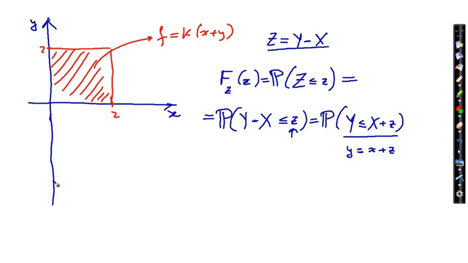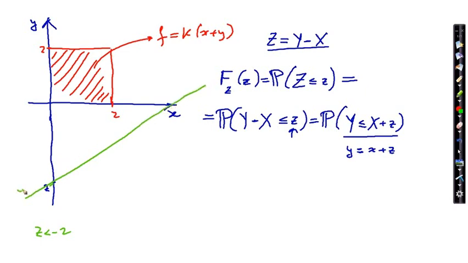Okay, say z is here. If I draw that line y is equal to x plus z, z is less than -2, I will have this kind of thing.